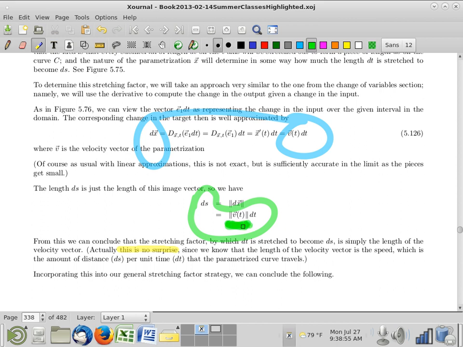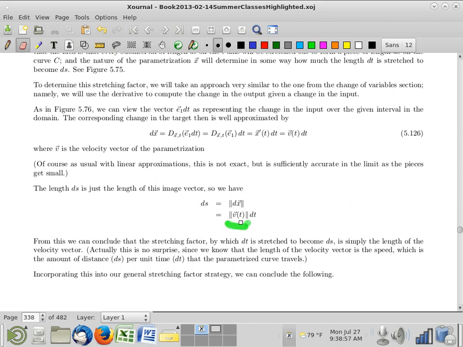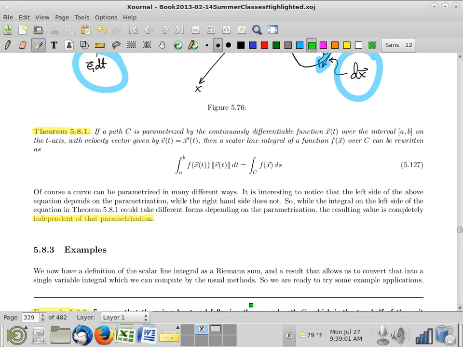And that's the formula that we're going to plug in down here. If you want to compute a line integral, the function, just plug everything in terms of the parameterization. So f, your integrand, depends on position, but position depends on time.